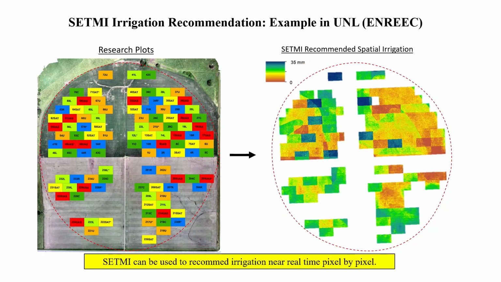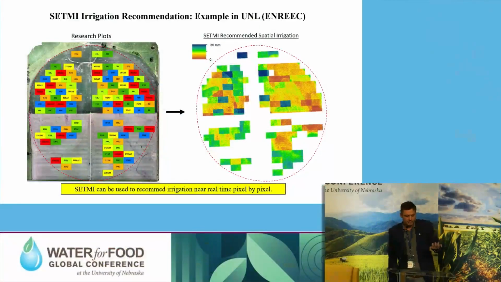We have variability across the field. To address this issue, it's really good if you have a model to provide the irrigation prescription to meet this variability. And as you see on the right, we have the irrigation depth for each plot individually. That's great because you can improve your irrigation management.